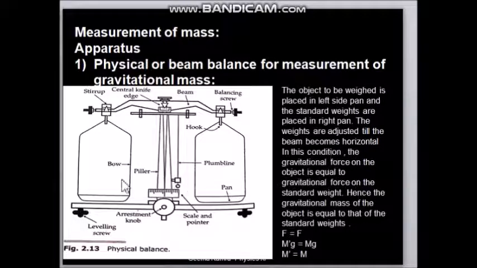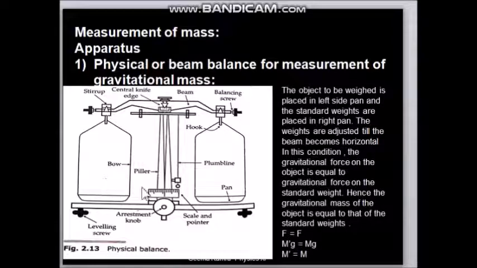So let us understand. Here in this left side pan, we have to place one unknown object. Suppose we have kept a rubber eraser, and its mass is suppose in few grams, and we have to measure is it 3.2 gram or 4 gram or what.